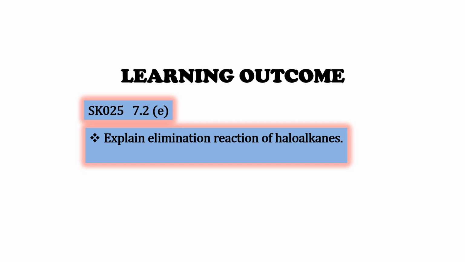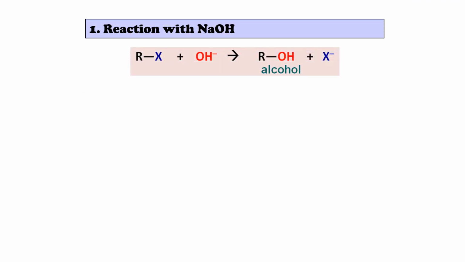Next, we move to 7.2e, explain substitution reactions of haloalkane. Reaction with sodium hydroxide. When RX reacts with sodium hydroxide, OH minus will replace X and the product formed is alcohol.